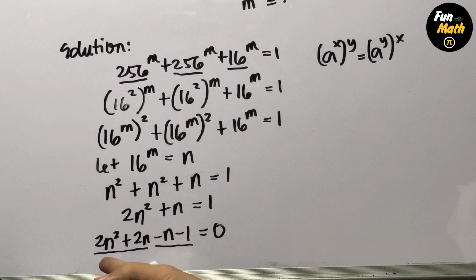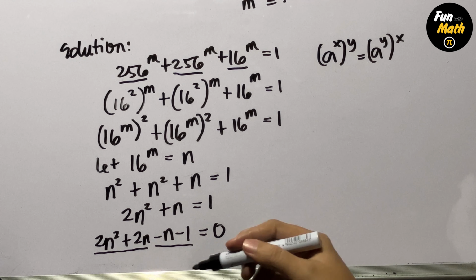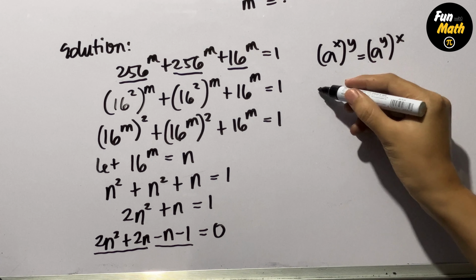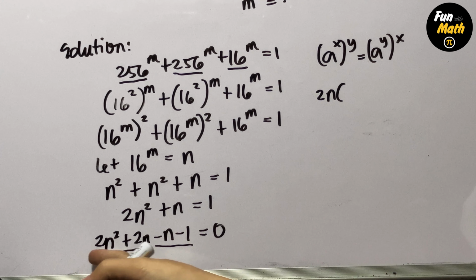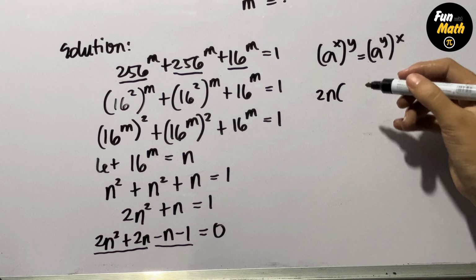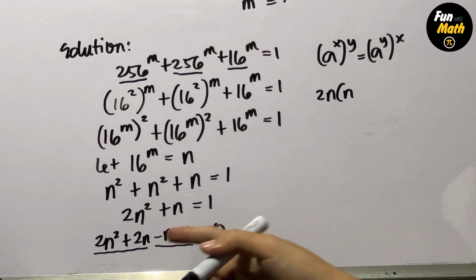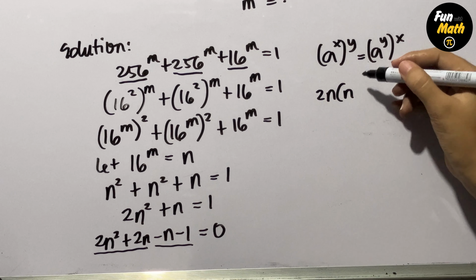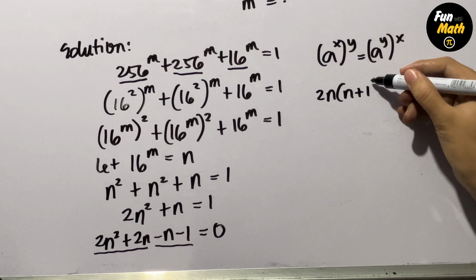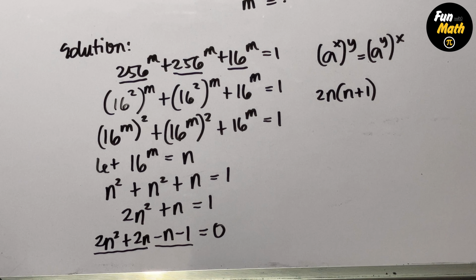For the first group, 2n squared plus 2n, the common factor is 2n. So we write here 2n, then times 2n squared divided by 2n, that is n, and then positive 2n divided by 2n, that is 1, so plus 1. Next, for this group, the common factor is negative 1.